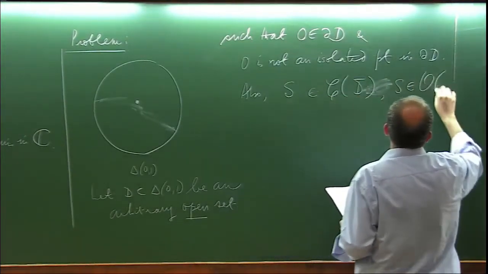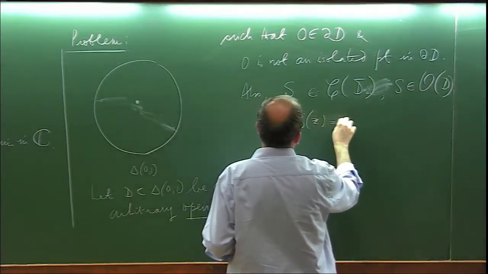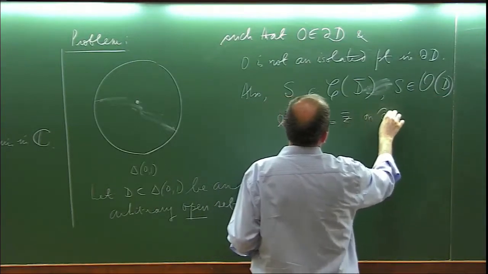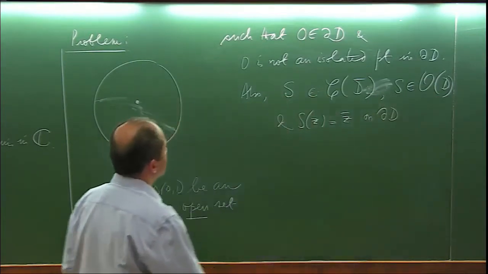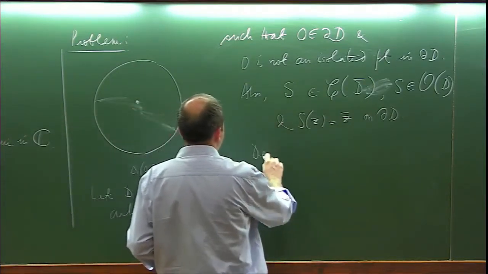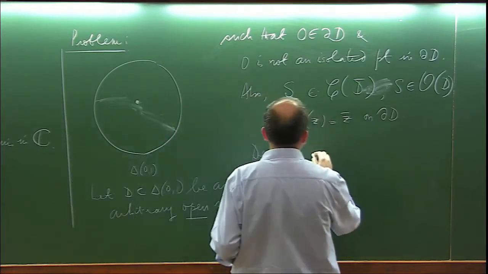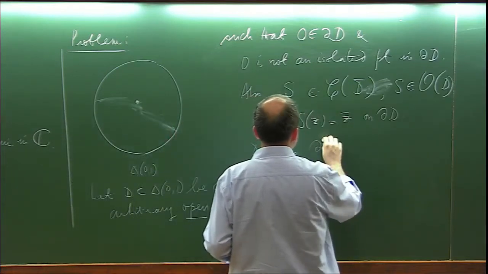S is holomorphic on the domain D, and S of z equals z bar on the boundary. The problem is to describe the boundary of such a domain.